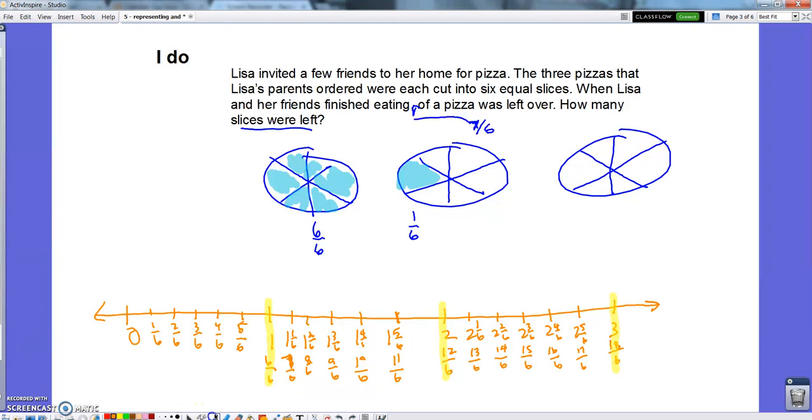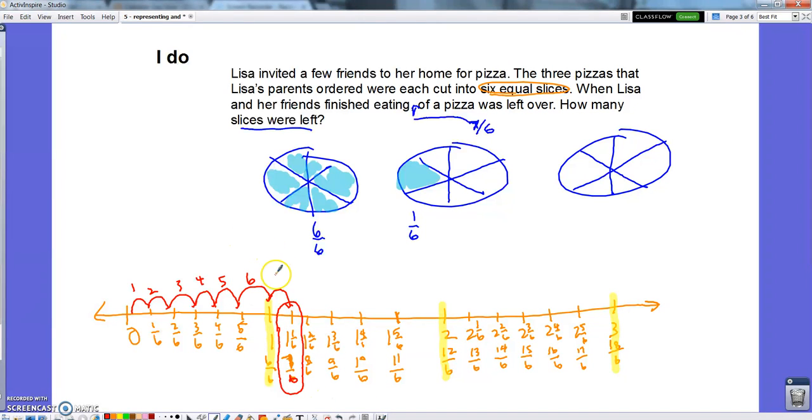And what I can do here, since 1/6 of a pizza is a slice, cut into 6 equal pieces, my partitions on my number line represent a slice. This is 1 slice, 2 slices, 3 slices, 4 slices, 5 slices, 6 slices, and of course 7 slices, since they're 1/6, is going to end up at 7/6, which is where the problem tells me that's what's left over.